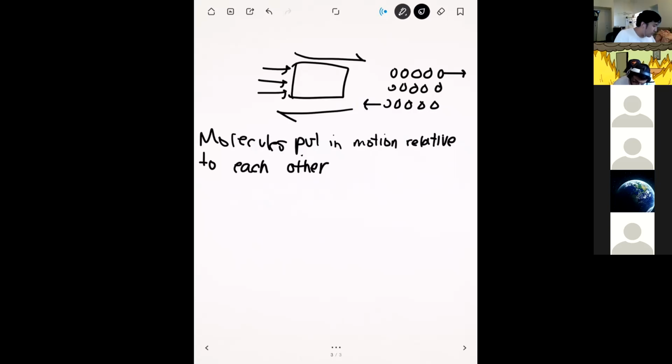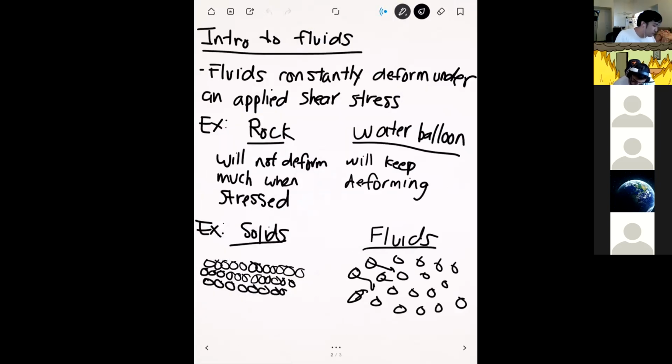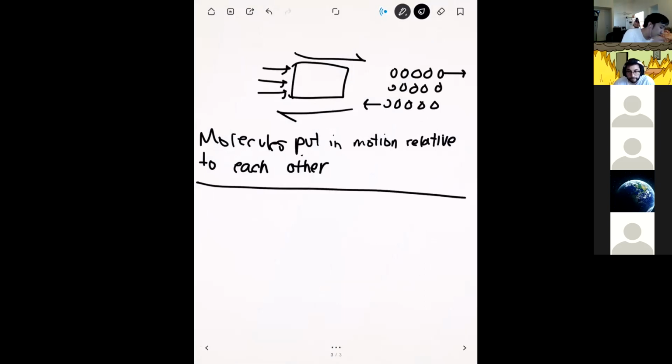Right. So notice how I said on this slide, I made the distinction between solids and fluids, but if you remember from your previous science classes, there's 3 states of matter, right? We have solids, we have liquids, and we have gases. Okay? So, why have I been using the term fluids all this time? We went over this a little bit on Monday: both gases and liquids are considered fluids.